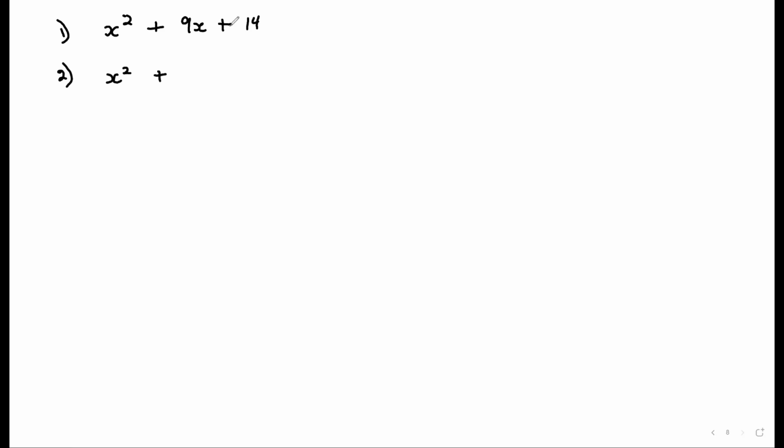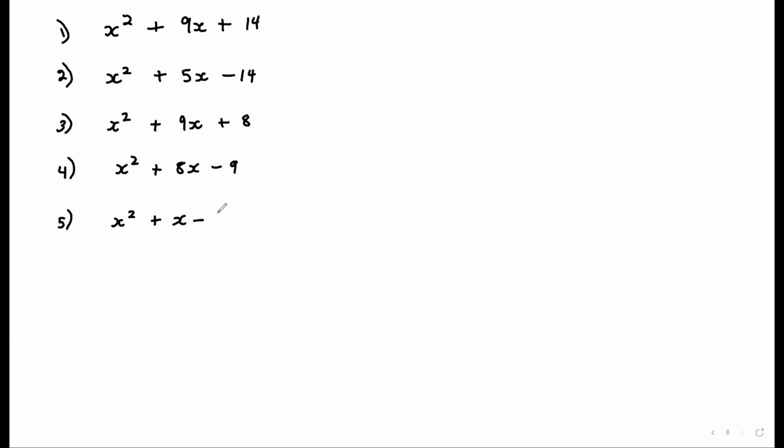First one, x squared plus 9x plus 14. Second one, x squared plus 5x minus 14. Number 3, x squared plus 9x plus 8. Number 4, x squared plus 8x minus 9. Number 5, x squared plus x minus 56.